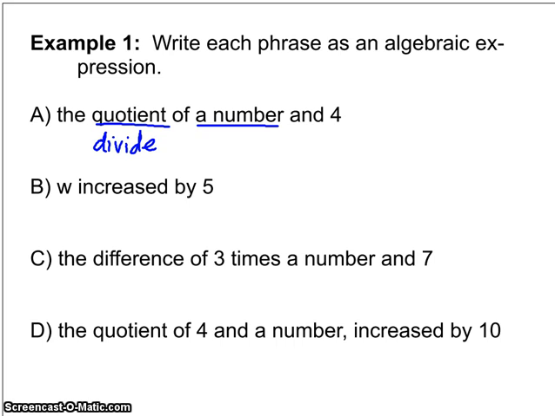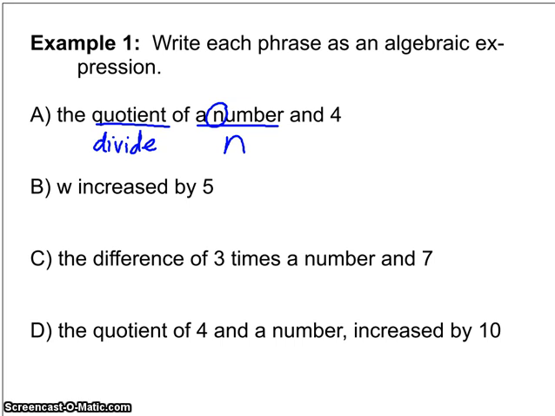No. Since we don't know this number, we're going to choose a variable. Now, ladies and gentlemen, when you're choosing your variables, please get in the habit of using the letter that what you're talking about begins with. So we don't know what this number is. I'm going to use n as my variable. Again, this is the unknown. So I'm going to choose the first letter of what it represents.